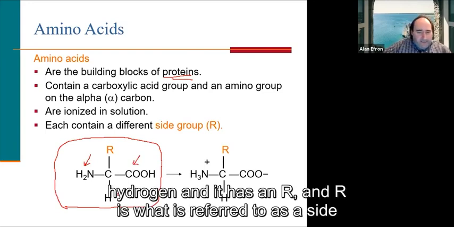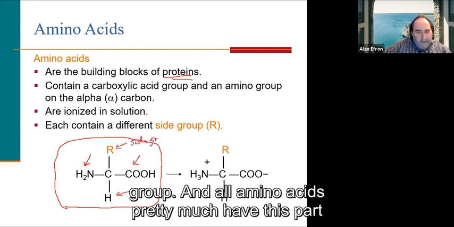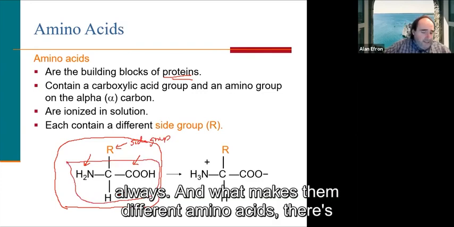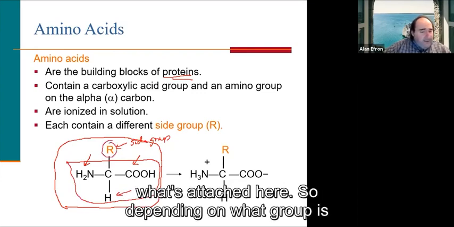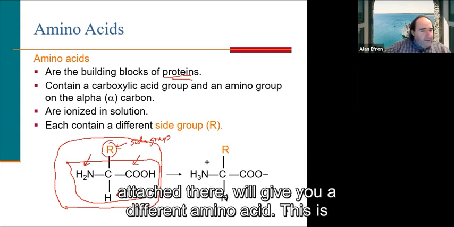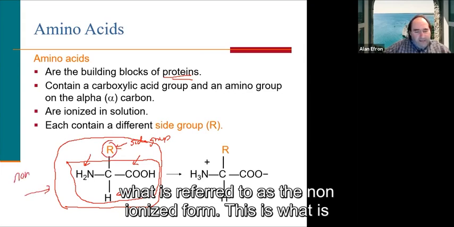It has a hydrogen, and it has an R. And R is what is referred to as a side group. All amino acids pretty much have this part always. What makes them different amino acids, there are about 20 of them, is really what's attached here. Depending on what group is attached there will give you a different amino acid. This is what is referred to as the non-ionized form.